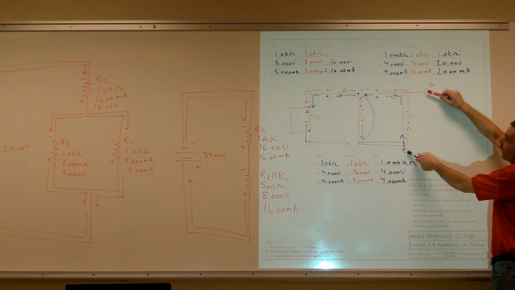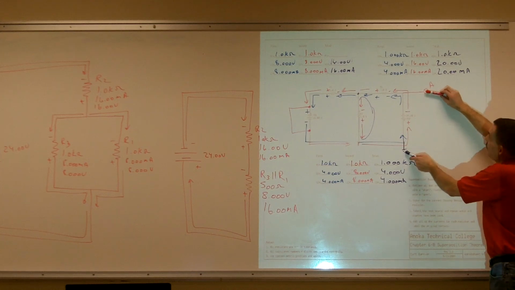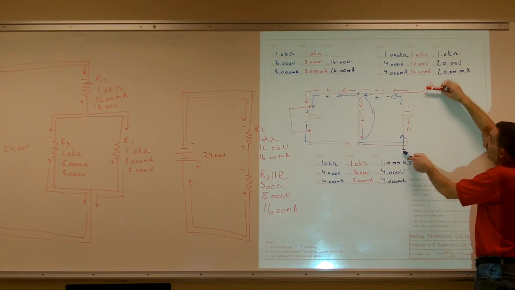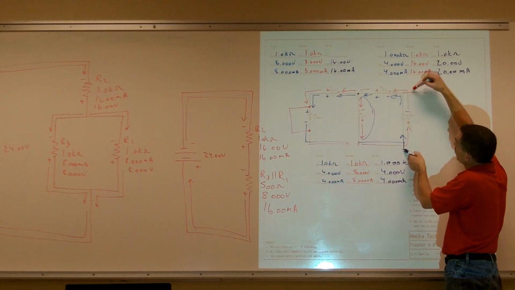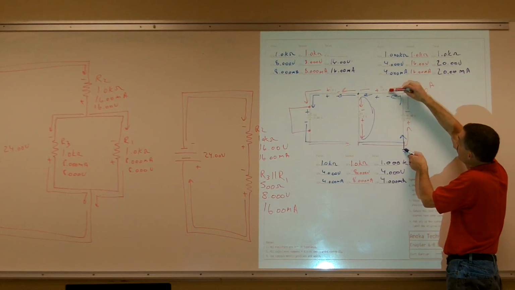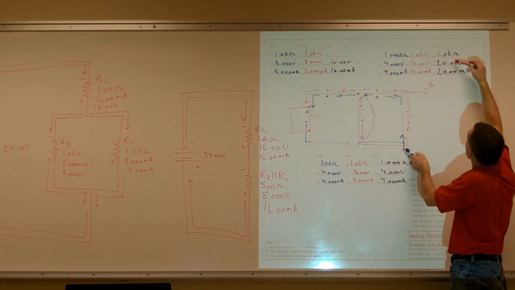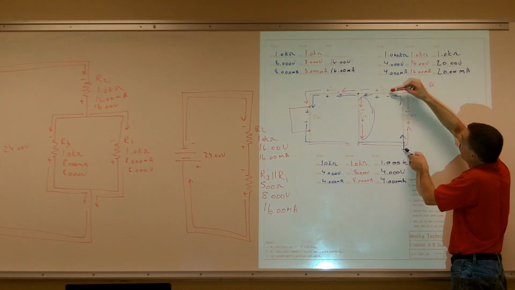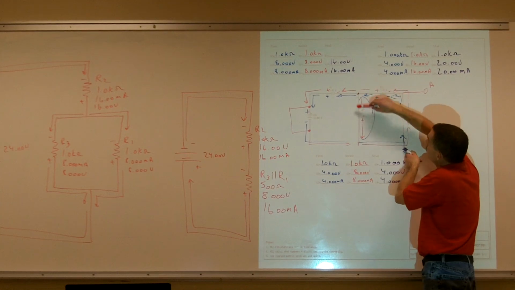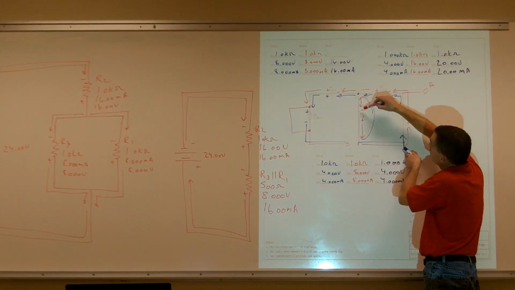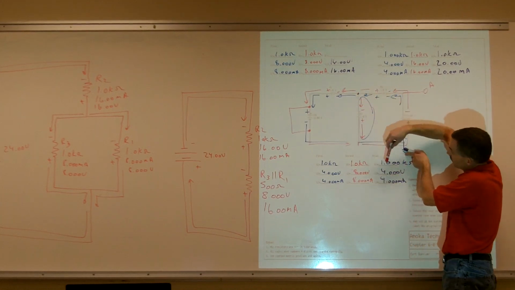So if you want to double check it, then just go ahead and add up all your voltages as you go. So I come along, these both currents went the same direction. So the first sign I see is going to be negative. And it's going to be a negative, how many volts? Negative 20 volts. Plus, this current is going this way, so I'm going to have plus a negative, how many volts?